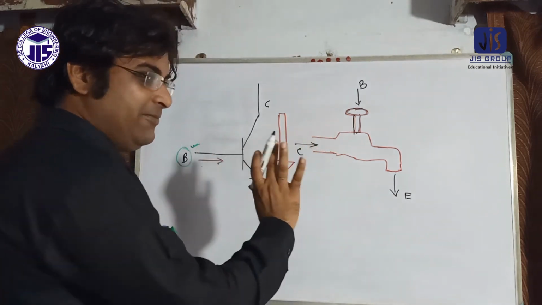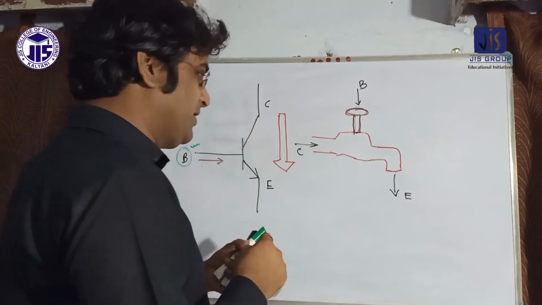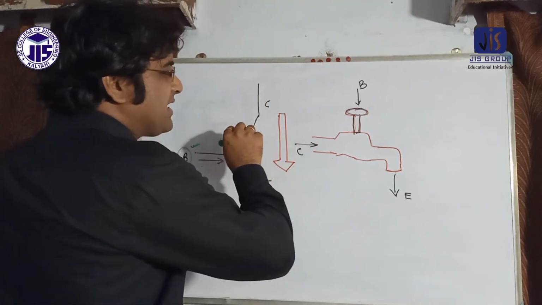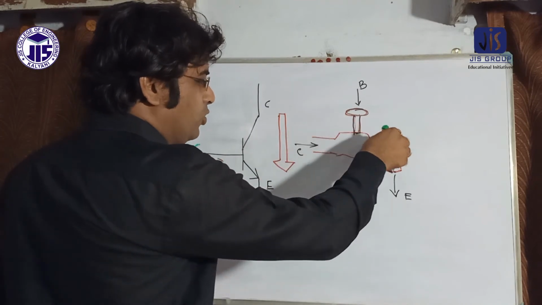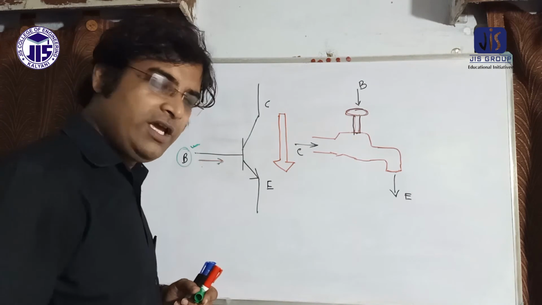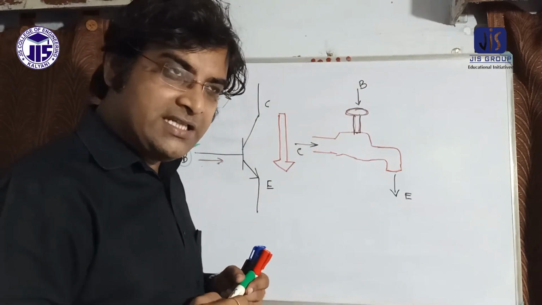Again I come to this particular matter. This is the analogical representation of the transistor. The water is coming from here and going outside. Suppose this is the collector and this is the emitter. Now, base is called the current control pin of the transistor.